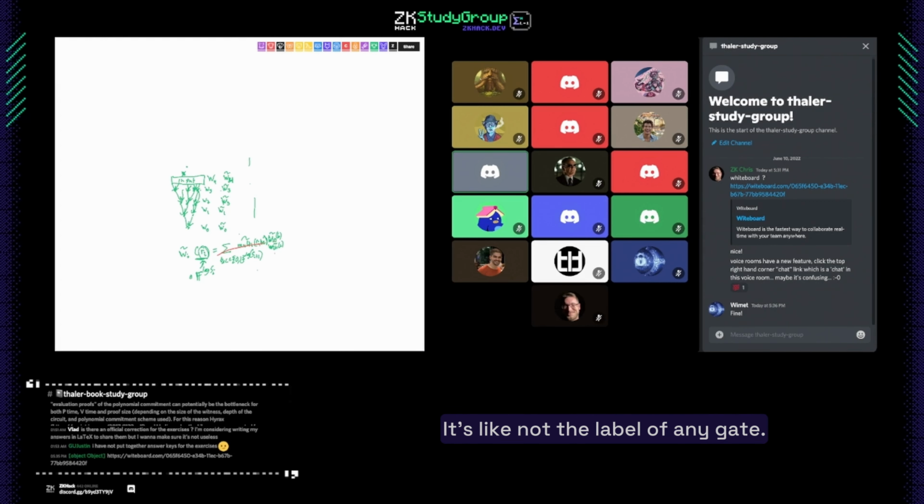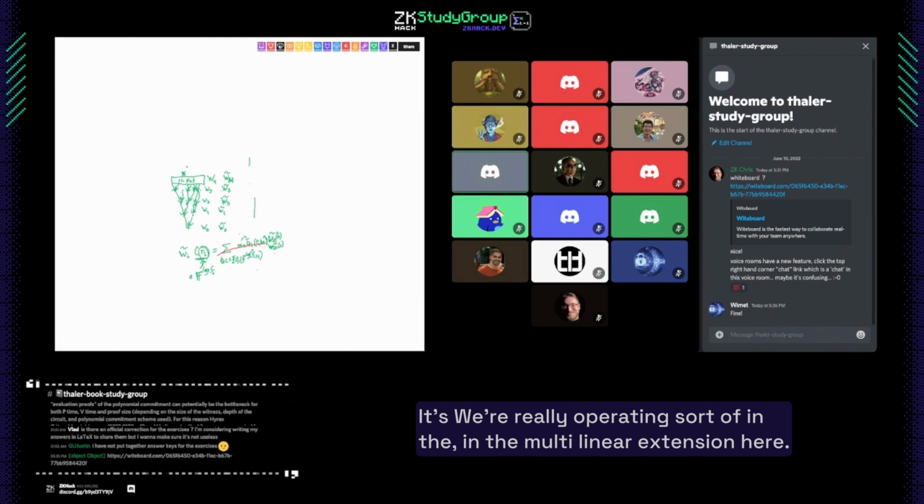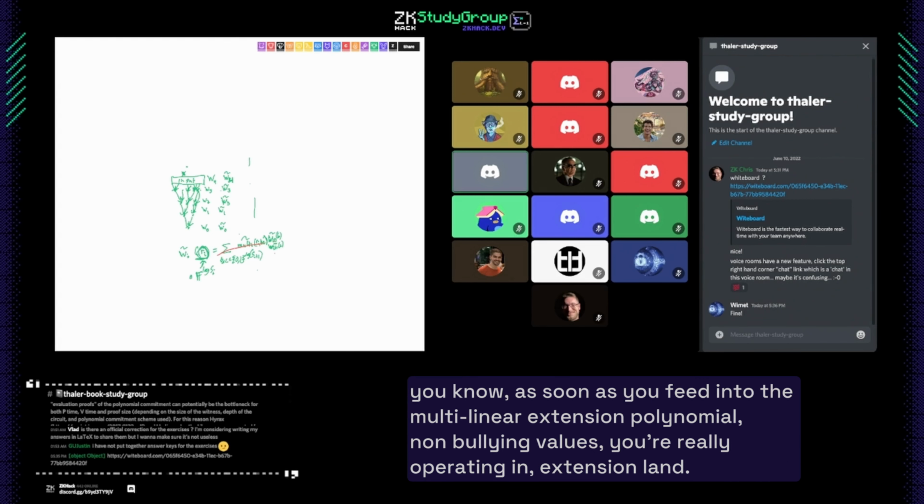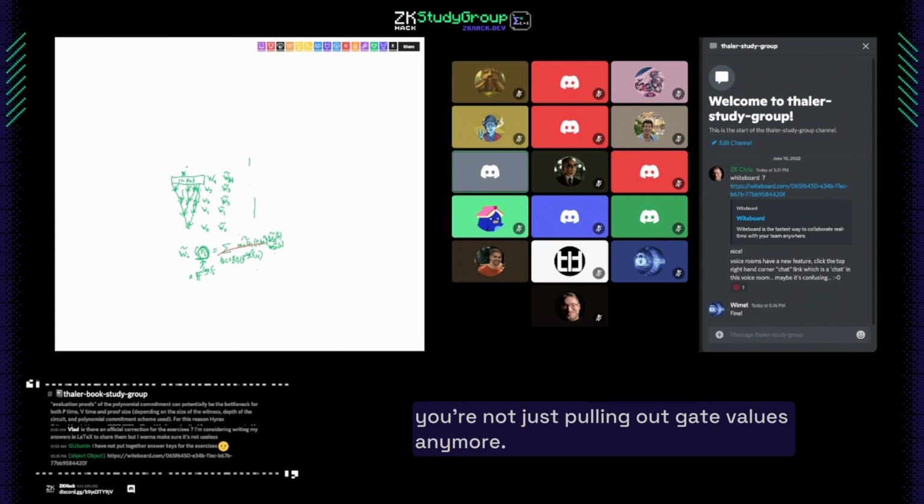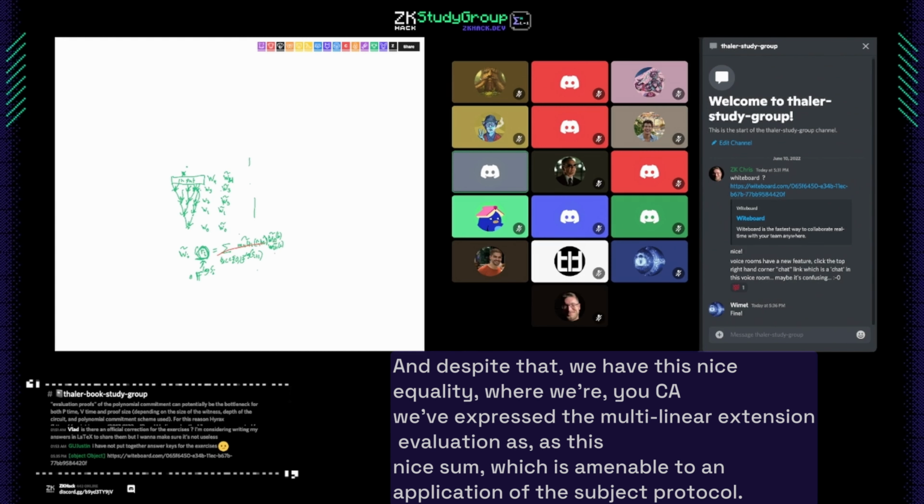It's not the label of any gate, right? We're really operating in the multilinear extension here. As soon as you feed non-Boolean values into the multilinear extension polynomial, you're really operating in extension land. You're not just pulling out gate values anymore. And despite that, we have this nice equality where we've expressed the multilinear extension evaluation as this nice sum, which is amenable to an application of the sum-check protocol.